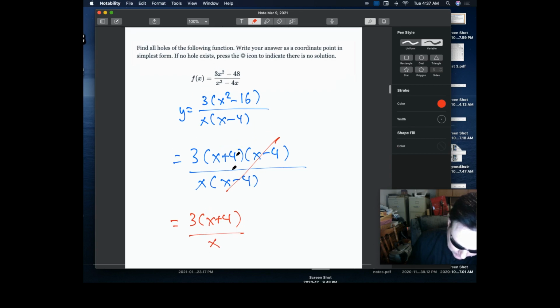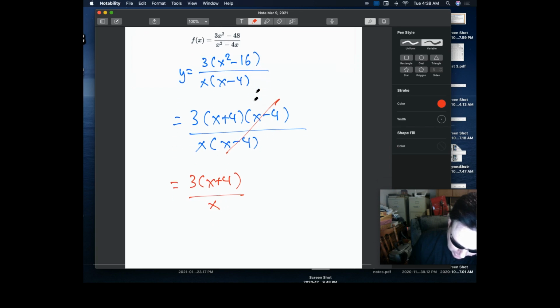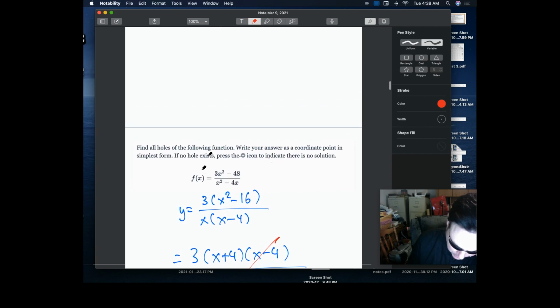So what cancels out is our hole. Our hole is going to be at when x minus 4 is 0, so x equals 4, because you can't divide 0 by 0. And the question says find all the holes.